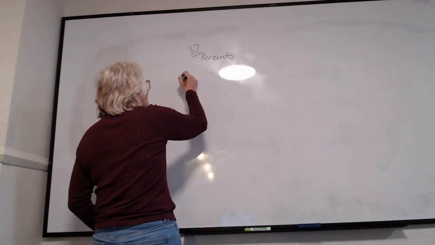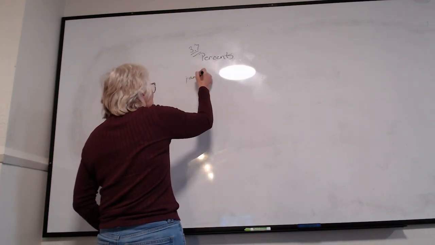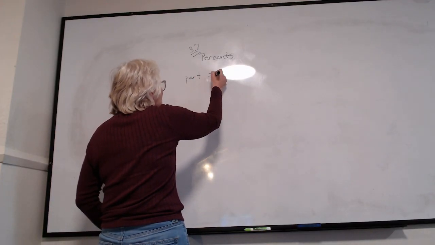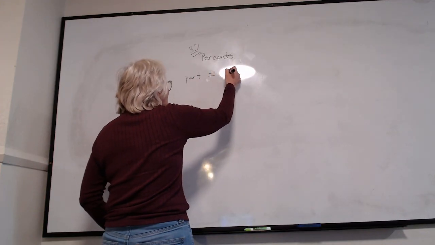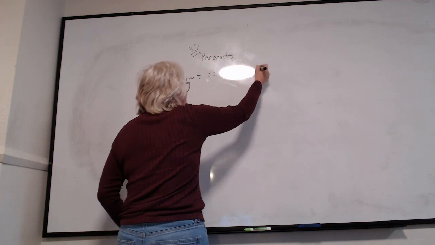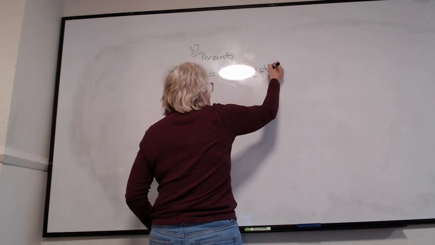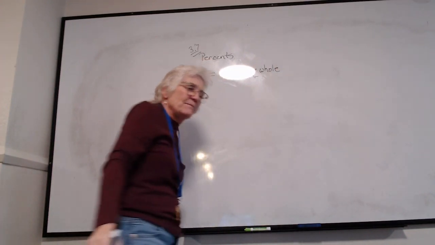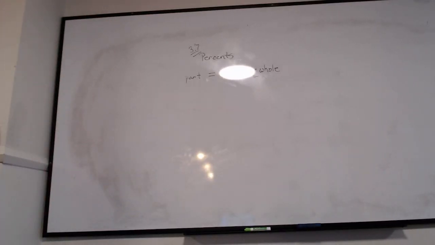The part is equal to the percent times the whole. So you're taking the part, the little part or the big part, is equal to the percent times the whole.